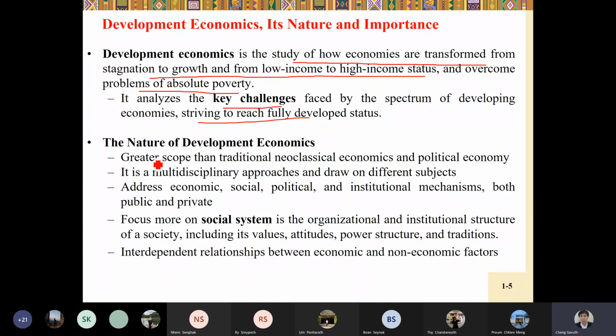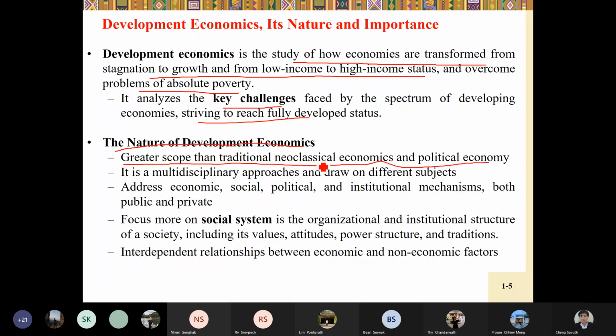The other thing about development economics is that it is quite different from traditional economics, like macro and microeconomics, or even the international trade and international finance that we study. One is that it has a greater scope than traditional economics and political economy.